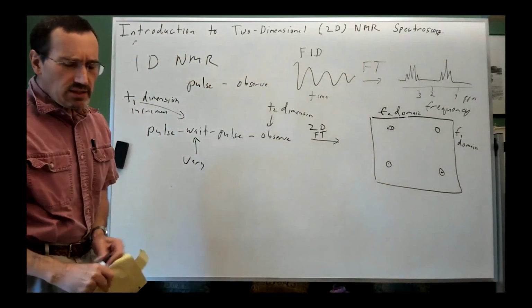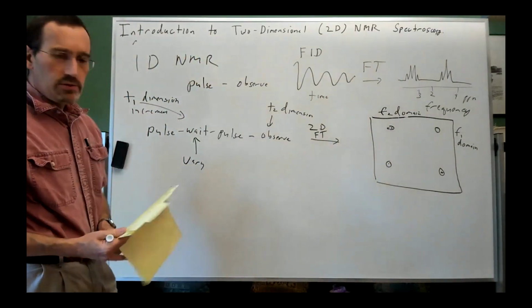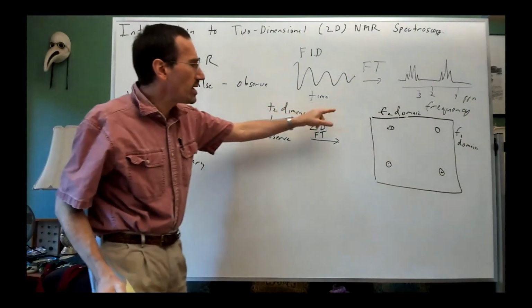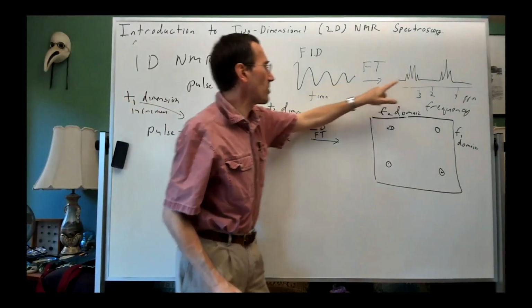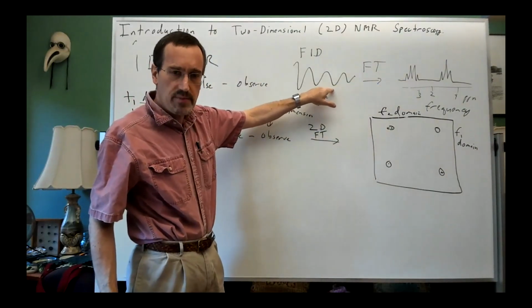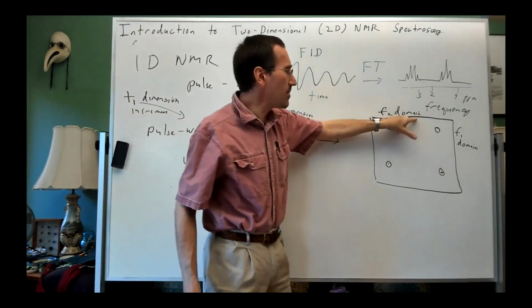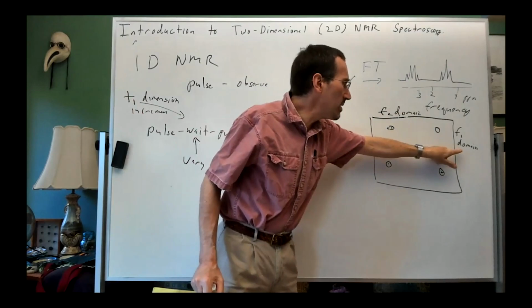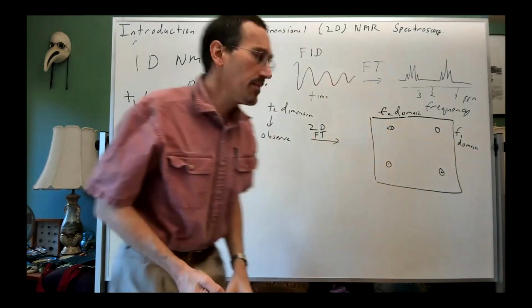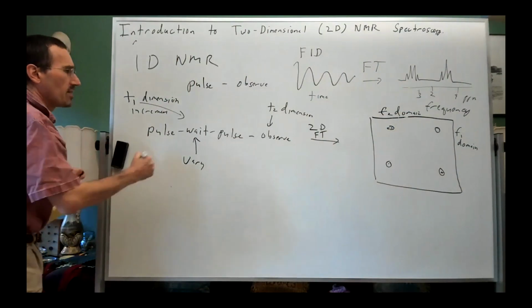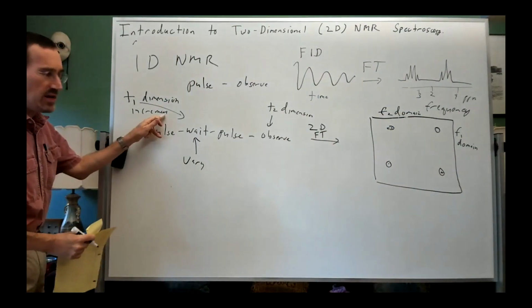And we've talked a little bit about digital resolution in the past. The digital resolution, in part, in this spectrum is determined by how long we collect in the time domain. And that's the same over here for the F2 domain. But the F1 domain, the digital resolution is determined by the number of increments.